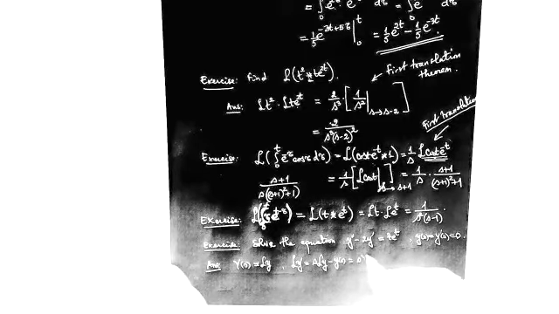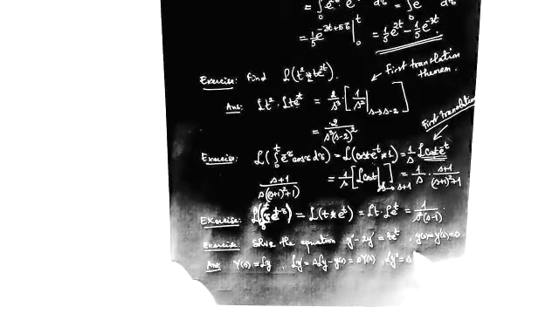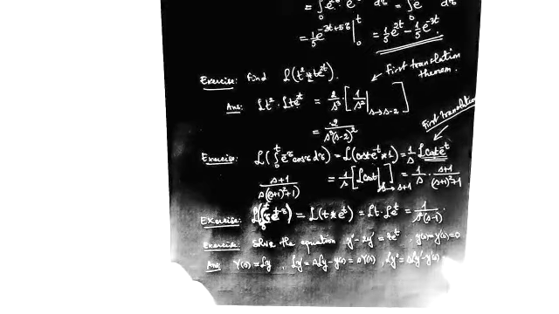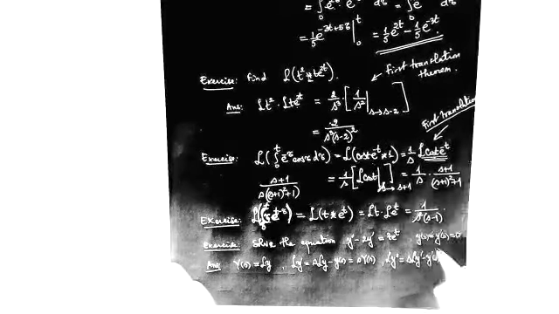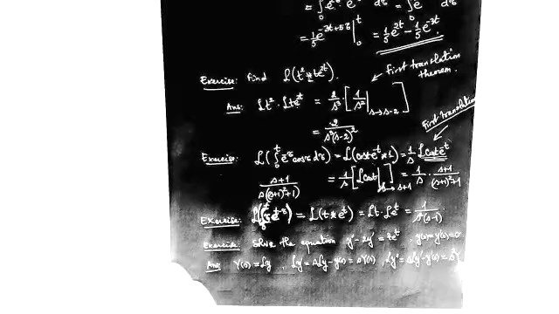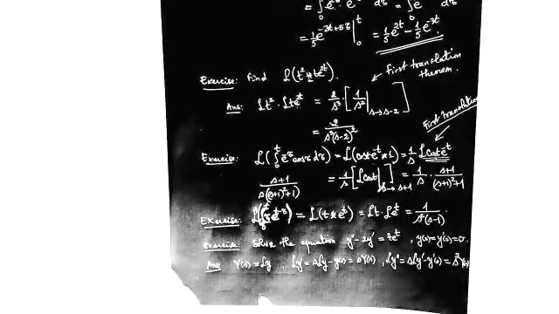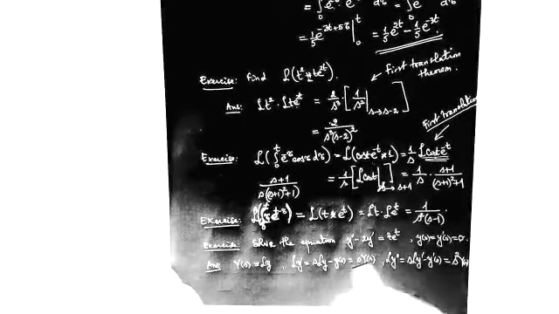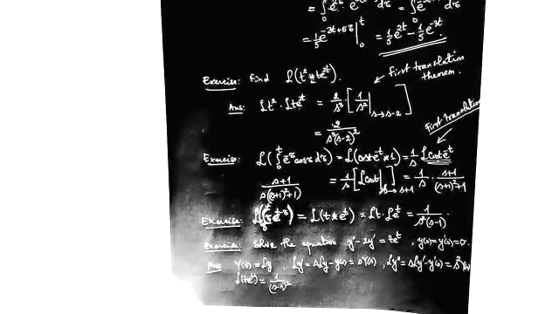So that's S capital Y of S. Laplace transform of the second derivative is S times the Laplace transform of the derivative minus the value of the derivative at 0. And again, the value of the derivative is 0, so that's S squared capital Y. And the Laplace transform of t e to the t is 1 over S minus 1 squared.